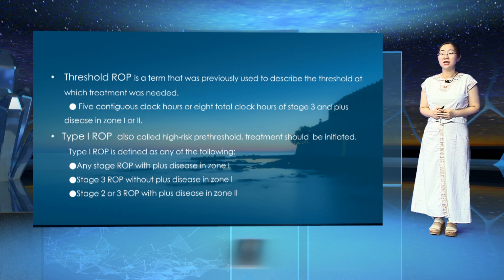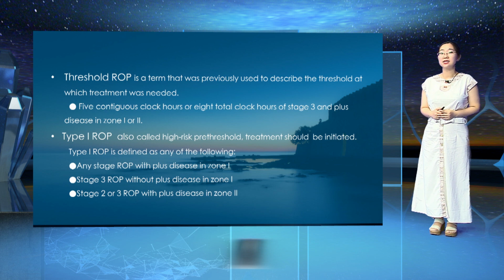Threshold ROP is a term that was previously used to describe the threshold at which treatment was needed. 5 contiguous clock hours or 8 total clock hours of stage 3 and plus disease in zone 1 or 2. Type 1 ROP, also called high-risk prethreshold, treatment should be initiated.